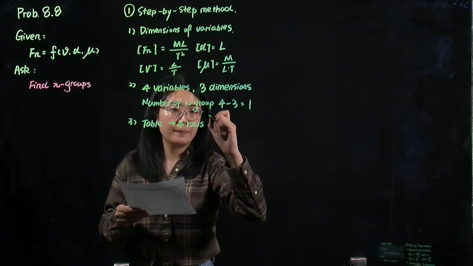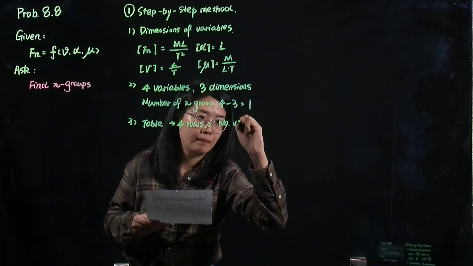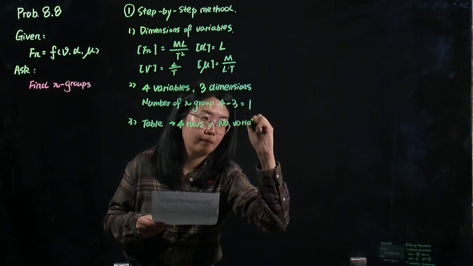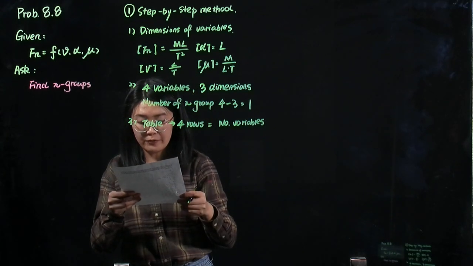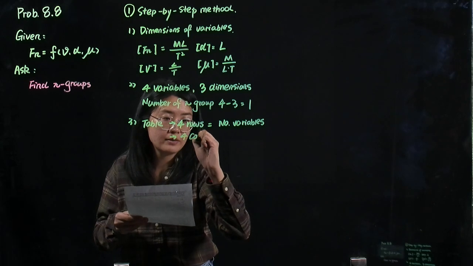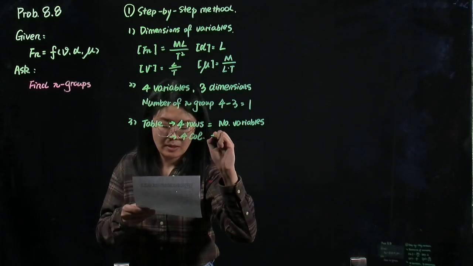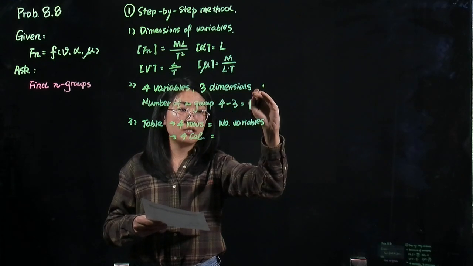And then the number of columns of the table is also 4. It equals the number of dimensions plus 1.